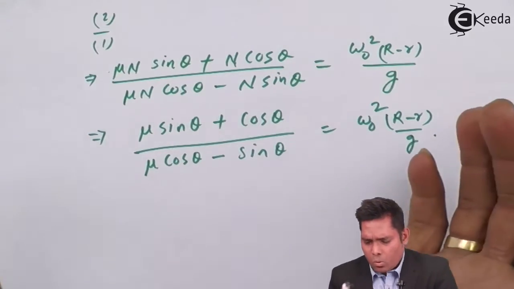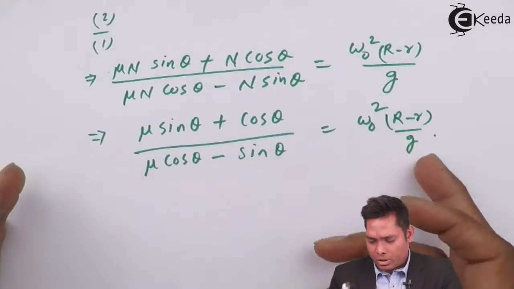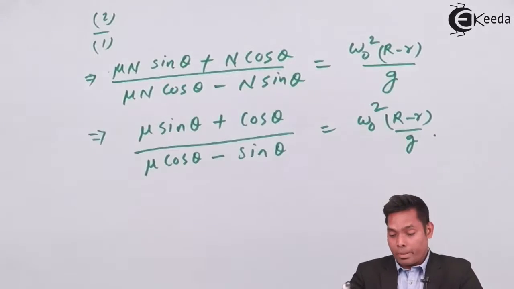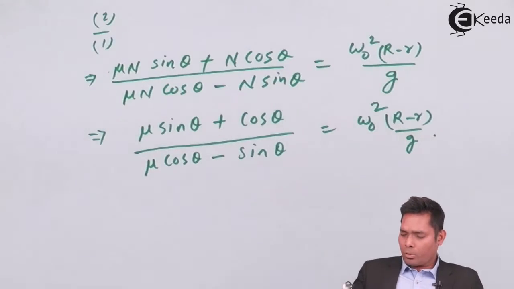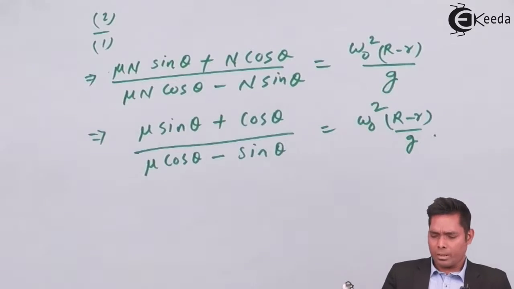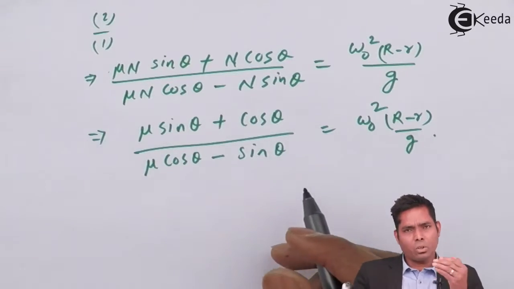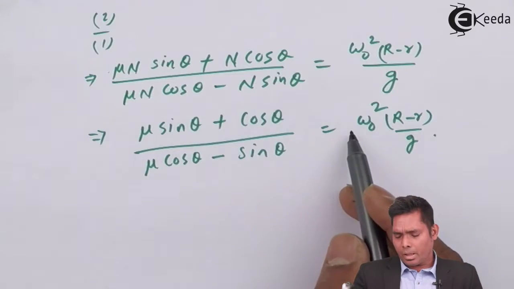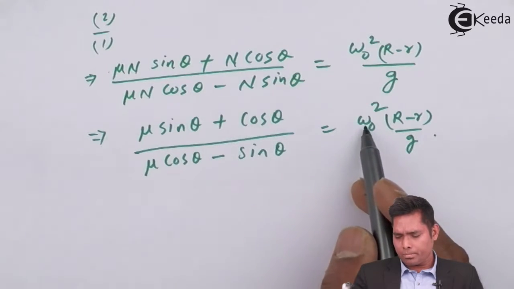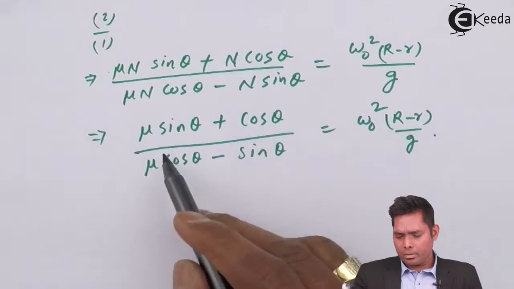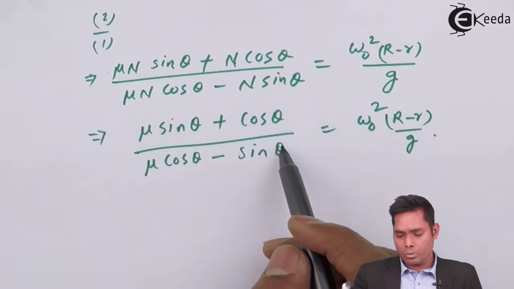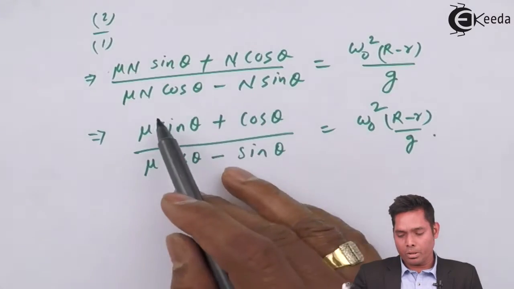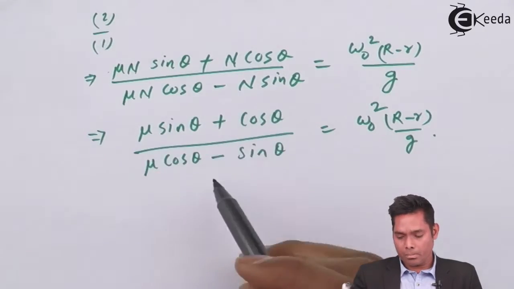Now this is the omega, and g and R minus r will be multiplied here and take the root. This is the omega with which it is rotating. Now the question is, what is the minimum omega for which this will not drop down? So we want this omega naught to be minimum, and for this to be minimum, the angle here should be maximum and this should be minimum.